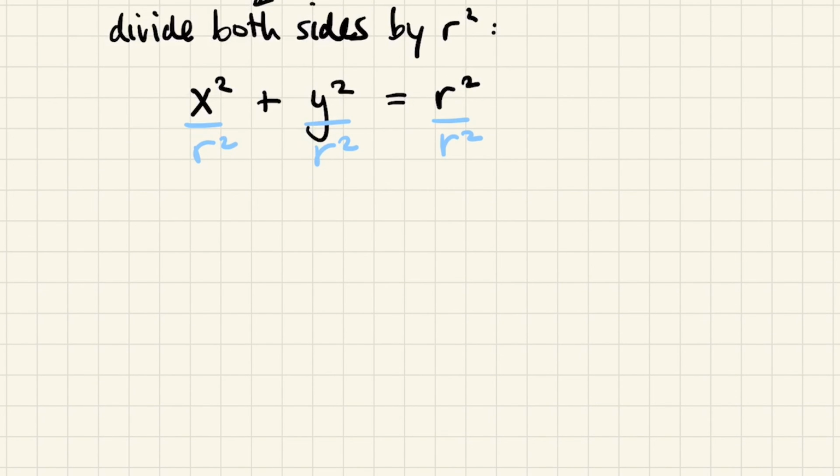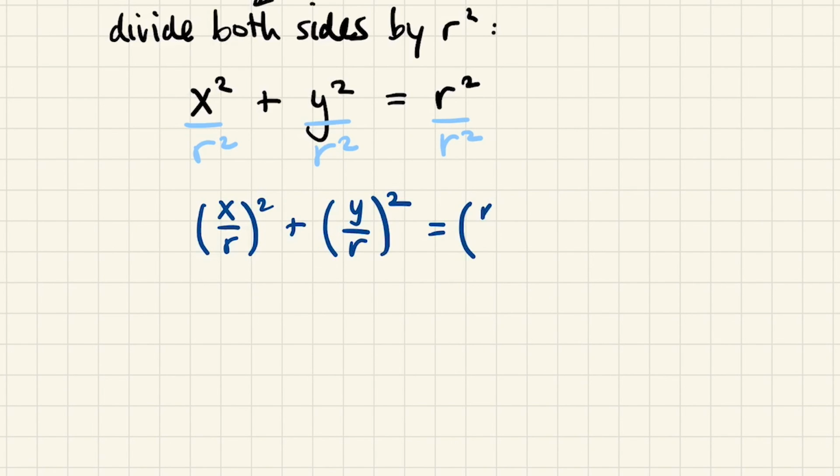Then this term becomes x over r quantity squared, and here we get y over r quantity squared, and here we get r over r quantity squared. But knowing our definitions, we can see that this is cosine as a quantity squared.